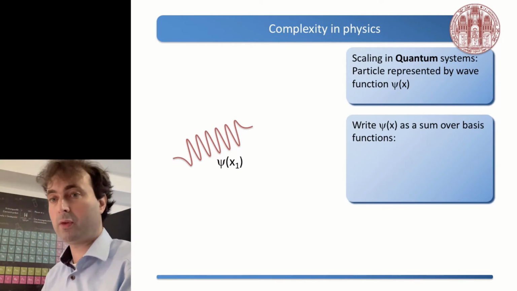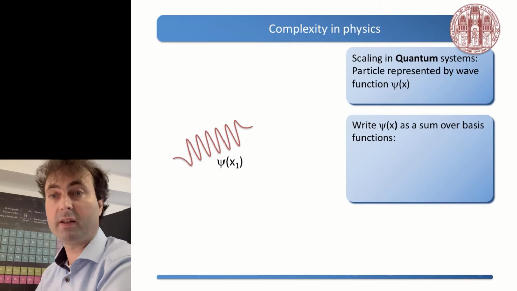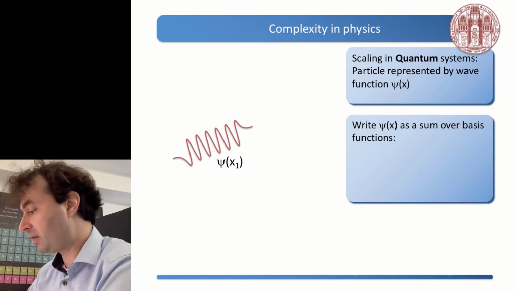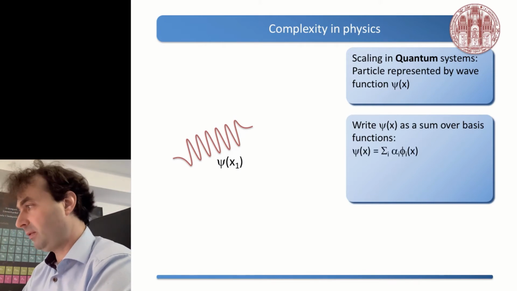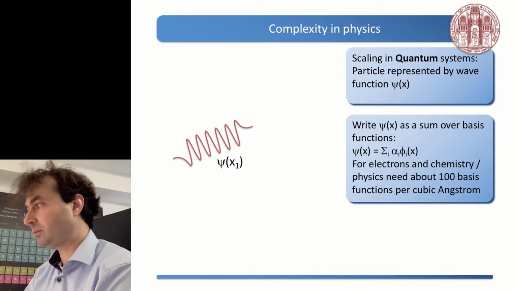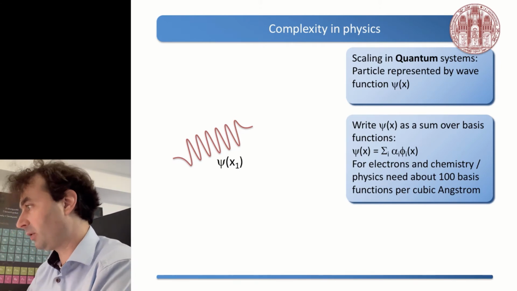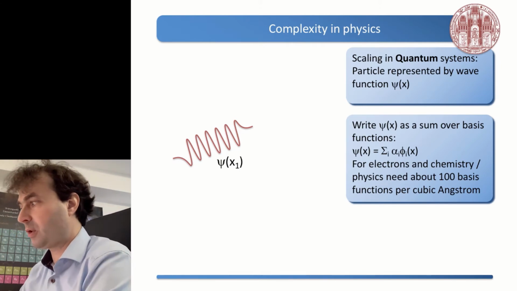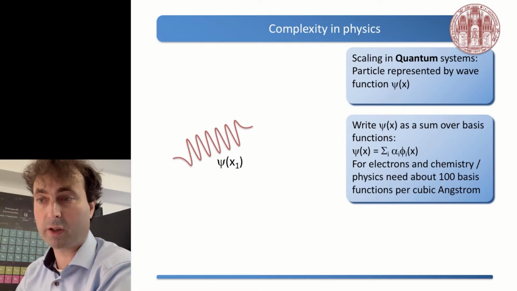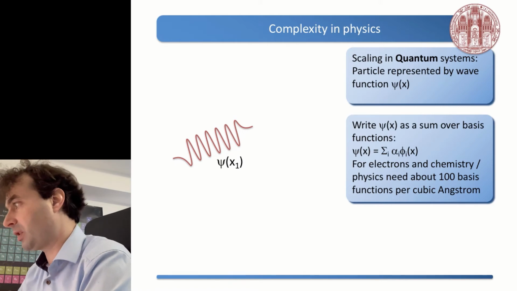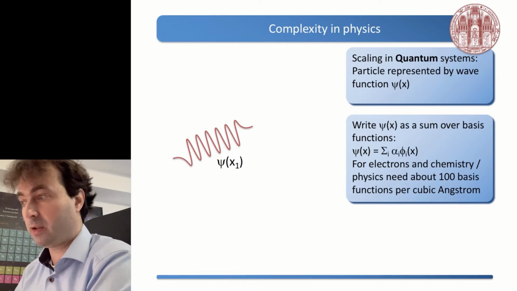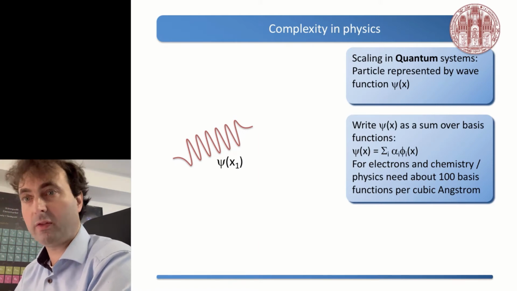The more plane waves you take, the better you can represent any state, so the better your energy resolution becomes. If you want this kind of resolution, then 100 basis functions per cubic angstrom and 1 particle per cubic angstrom is roughly enough to describe your system. That is not even 10 by 10 by 10 plane waves in each direction.